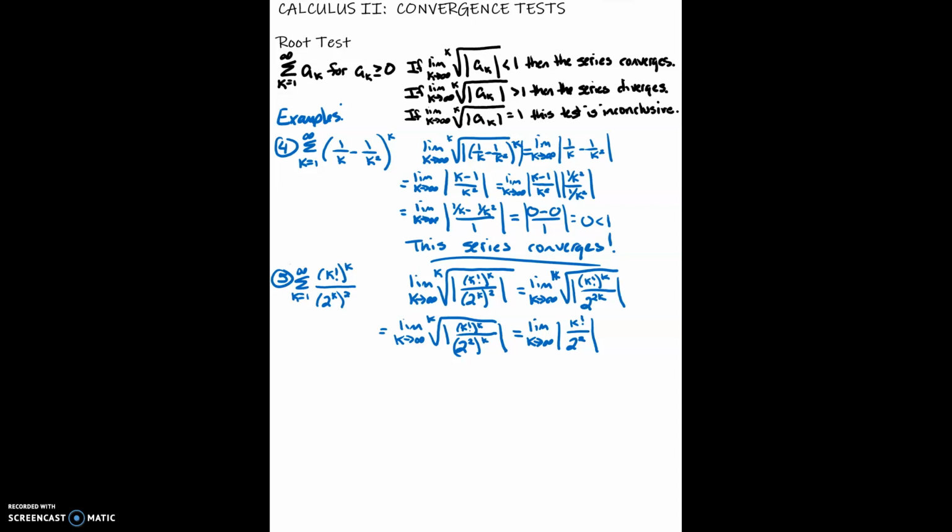Notice k is going to infinity, so k factorial is also getting really, really large, meaning this whole thing goes to infinity. Well, if it goes to infinity, then this whole limit must be greater than 1. And if it's greater than 1, then the series diverges.